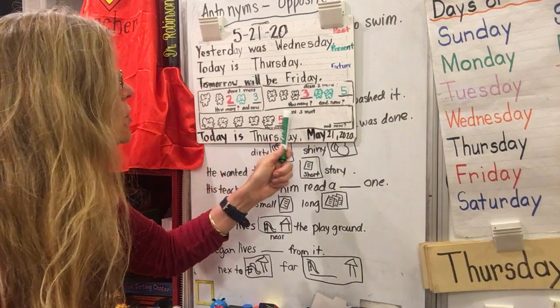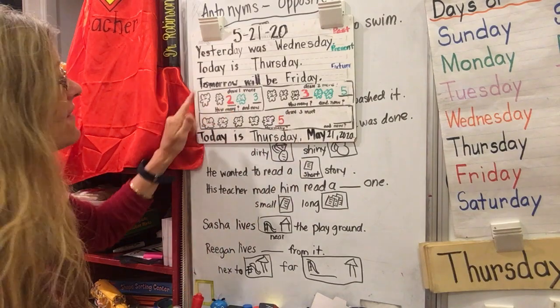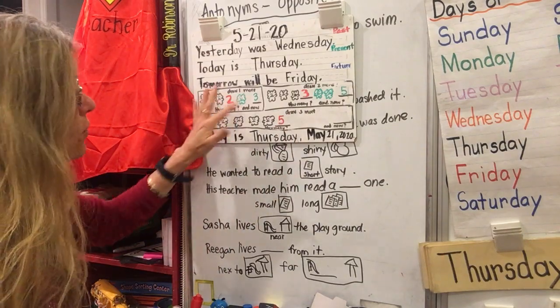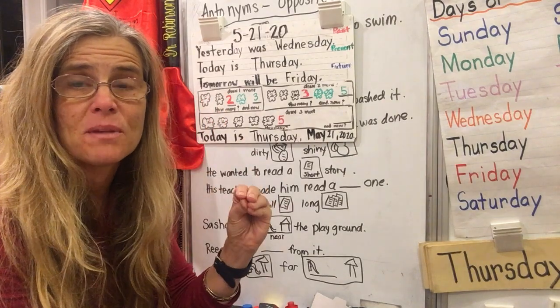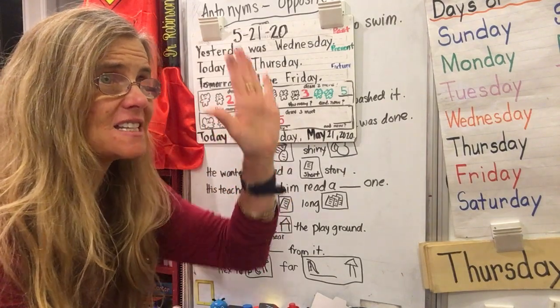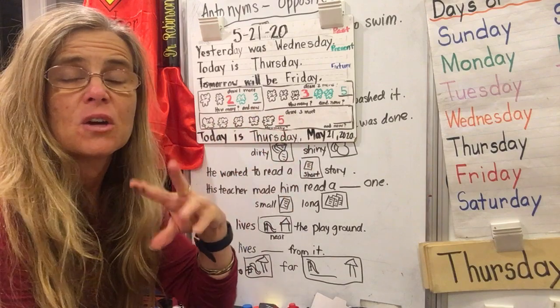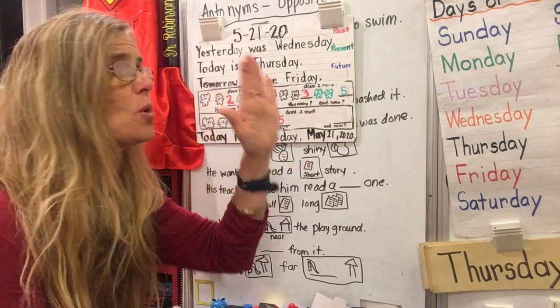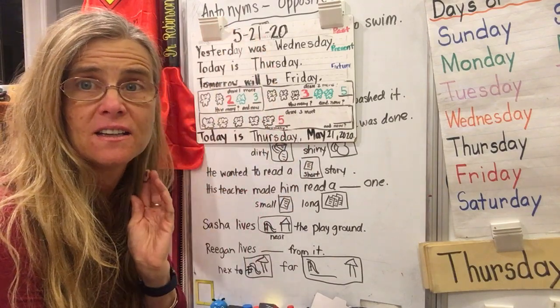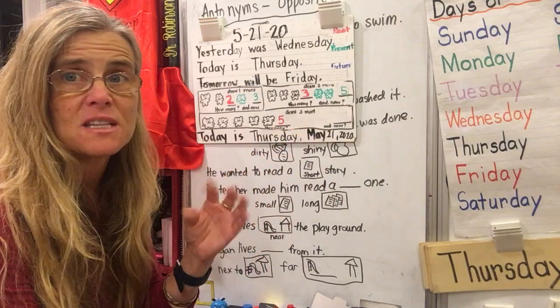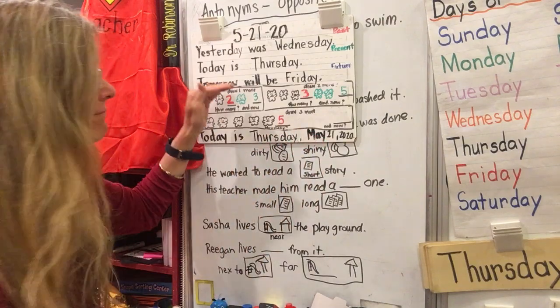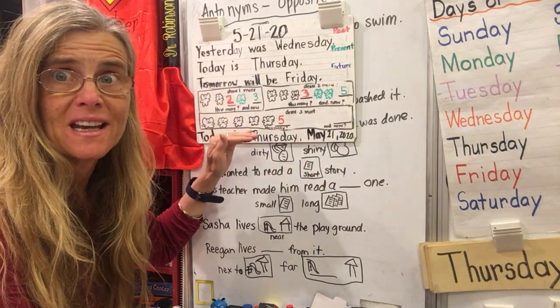Now it's asking me to draw 3 more. I've already seen 3, so I know 3 here is 1, 2, 3. So remember, anytime you're working on a sheet and it's asking you to do a recording of information, always reference back to what you've done as you move forward to what it's asking you to do next, because sometimes the information you've already recorded informs what you're doing next.